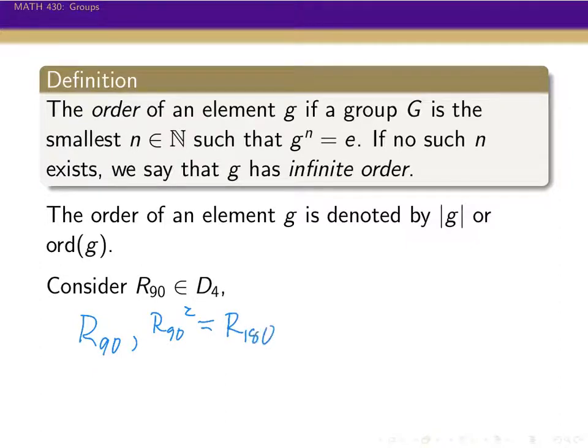Well, that's going to be R180. If we did R90 cubed, well, that would be a 90 degree turn, and then another 90 degree turn, and then one more 90 degree turn. So 180 degrees plus another 90 degrees gives us 270 degrees. Let's write that as R270.